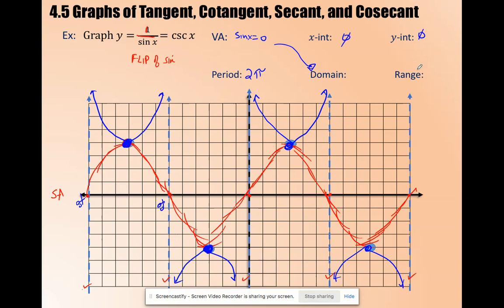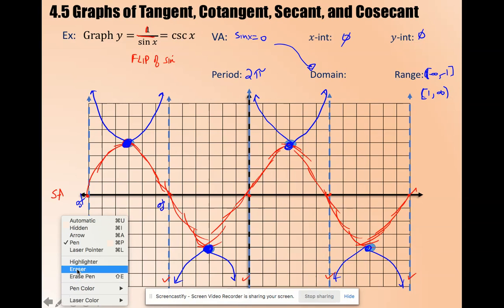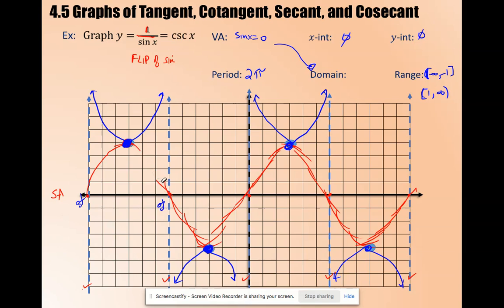But what about the blue range? It's the flip, right? It's negative infinity to negative 1 included, and then positive 1 included to infinity. Does that make sense? What was a maximum on sine becomes a minimum.